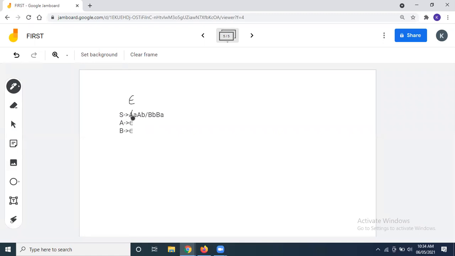So when you write epsilon here, what will be the first symbol here? Terminal symbol a. So first of S, we write here a.